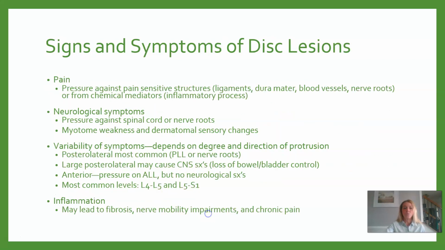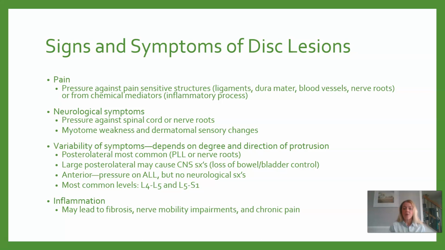So some signs and symptoms of disc lesions are going to include pain because there's pressure against pain-sensitive structures like the ligaments, dura mater, blood vessels, nerve roots, or from chemical mediators. So the whole inflammatory process, it's going to irritate those free nerve endings. There's going to be local pain in that area. Another cardinal symptom of disc lesions is going to be neurologic symptoms.